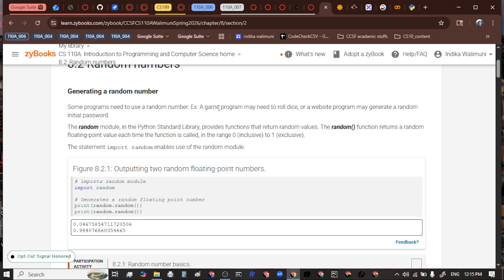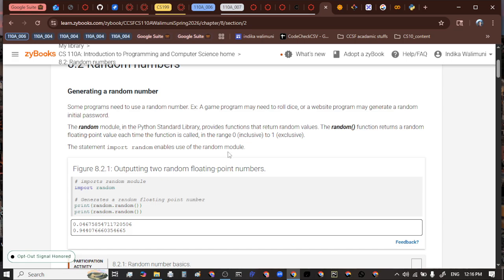And you may have played video games where the demon appears randomly on the screen, and you don't see where it's coming from. So the demon enters randomly to make the game interesting. In video gaming, they use actual random numbers in a lot of places.